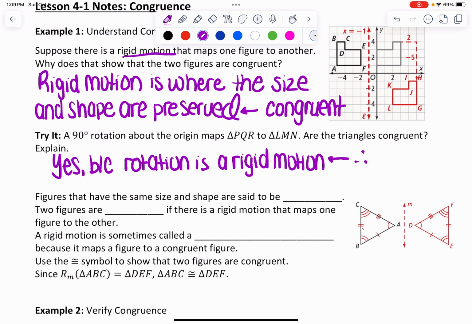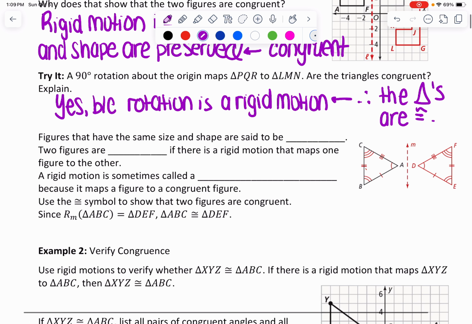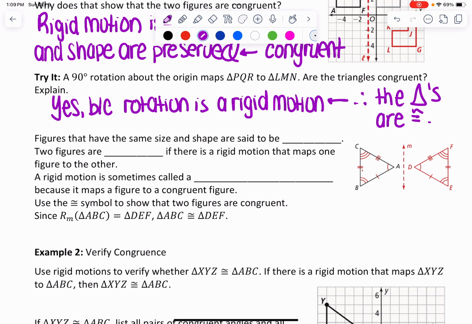So therefore, I do 3 dots for therefore, the triangles are congruent. They're the same. So we're just going to play on this idea of congruency and what it means to be congruent.